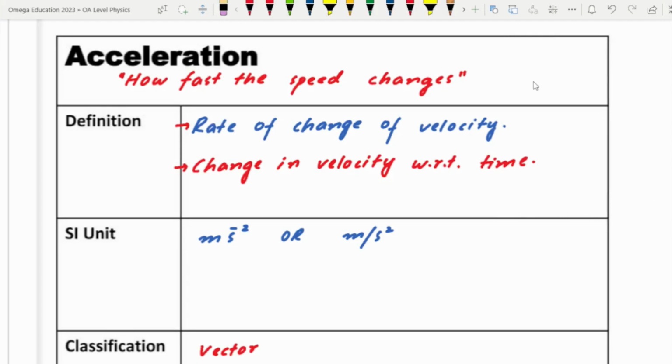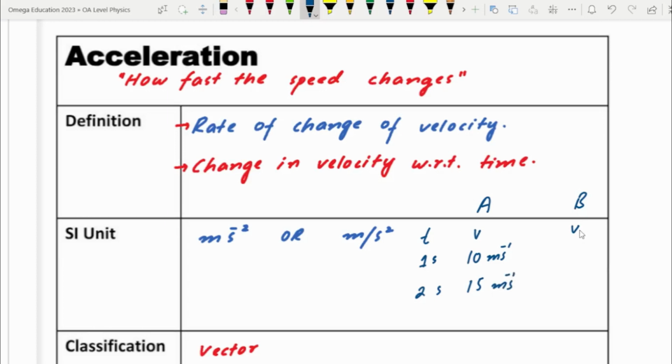Another example is, let's say you have a car A and a car B. So we start the time from 1 second, then 2 seconds. The speed of the object A in the first second was 10 meters per second, and then after 1 second the speed increased to 15 meters per second.